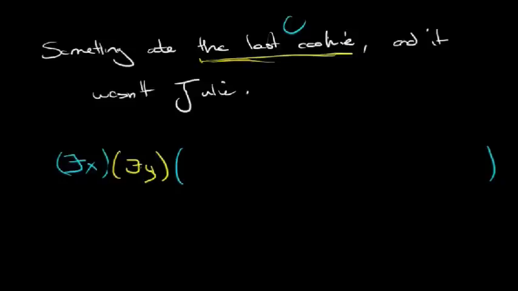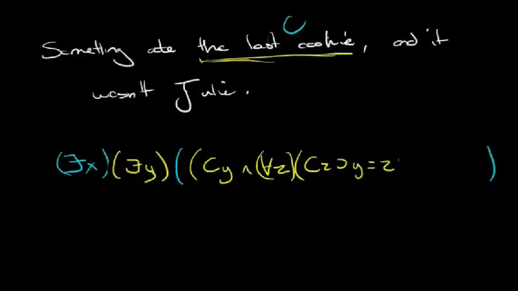So there exists a y such that y is the last cookie, and for any z, if z is the last cookie, then y equals z.